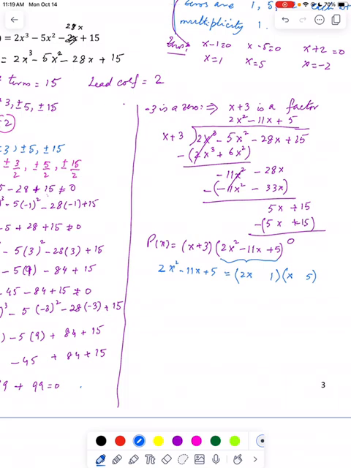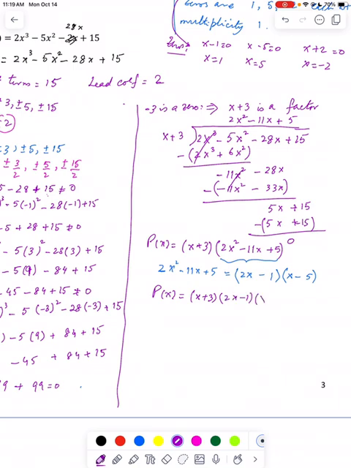So that p of x equals x plus 3, 2x minus 1, x minus 5. So these are the factors of the polynomial.